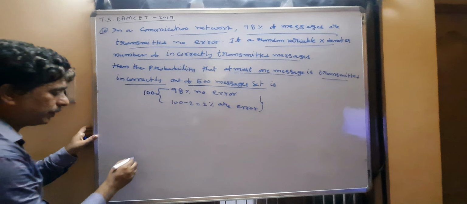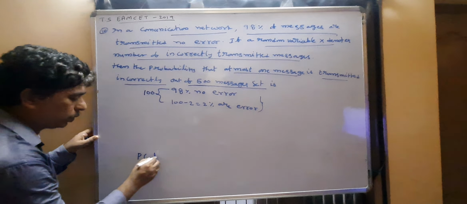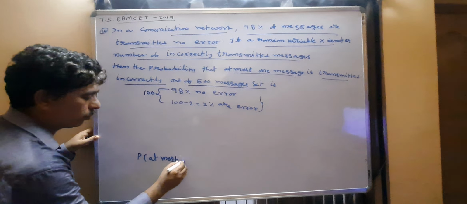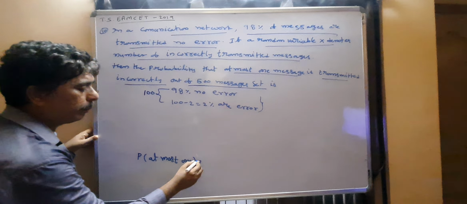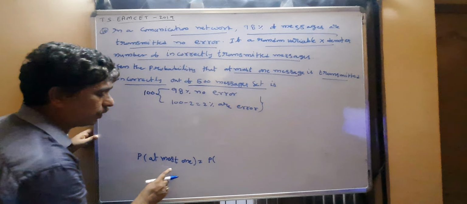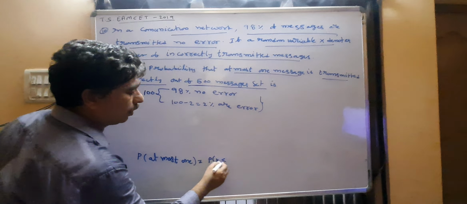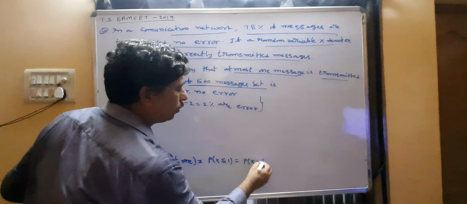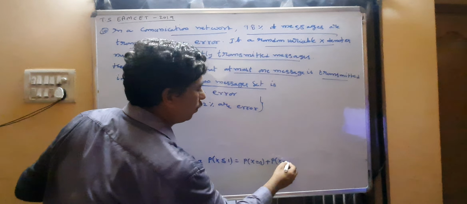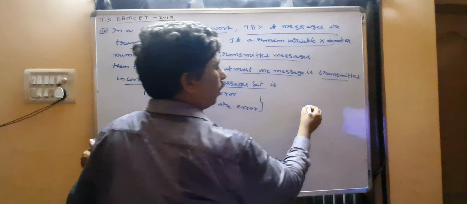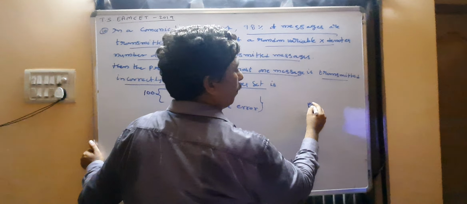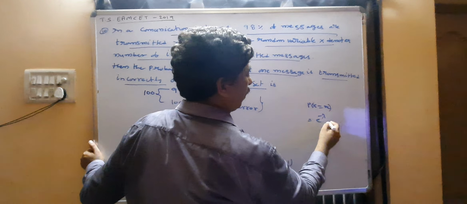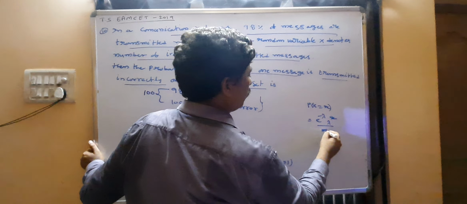At most one message means probability of X less than or equal to 1. That is probability of X equal to 0 plus probability of X equal to 1. Probability of X equal to r by the Poisson distribution is e power minus lambda, lambda power r by r factorial.